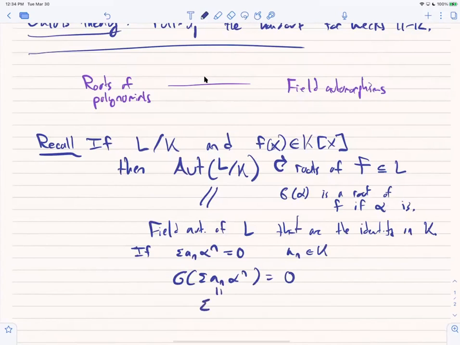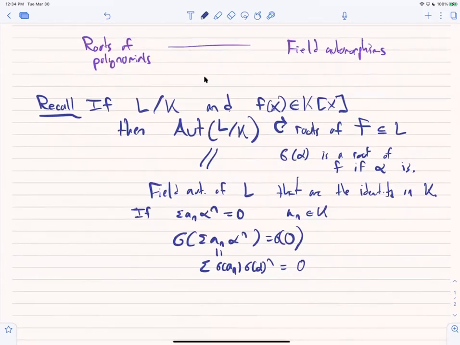Since it's a field automorphism, this is the sum of sigma(a_n) sigma(alpha) to the n, which is the sum of a_n sigma(alpha) to the n, since you preserve these coefficients.